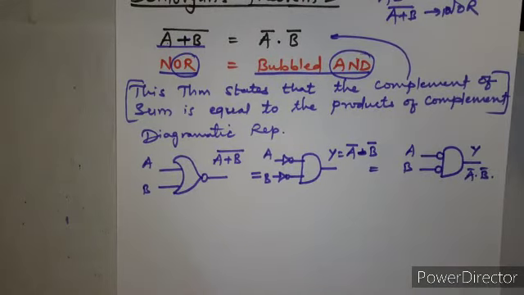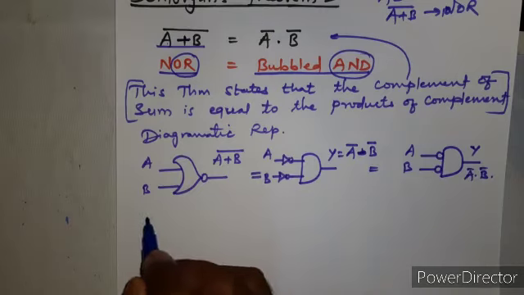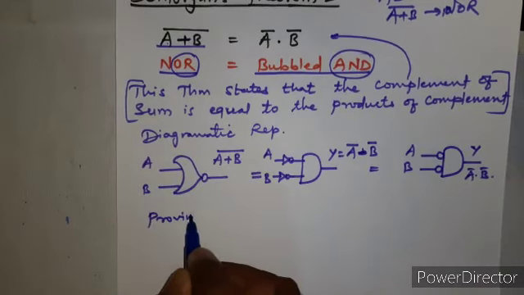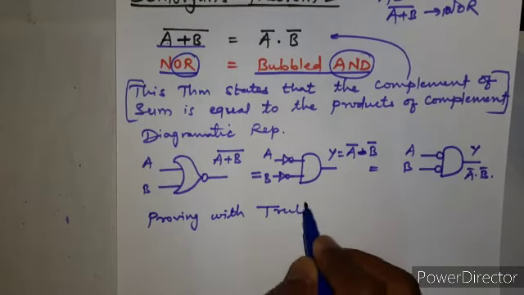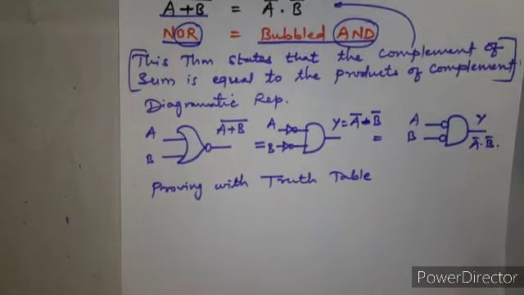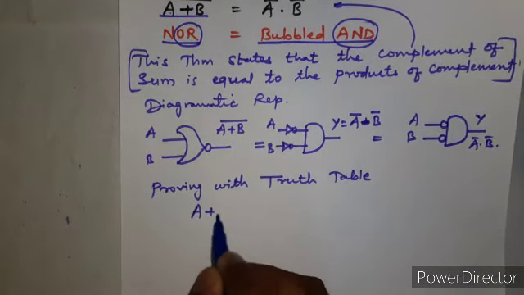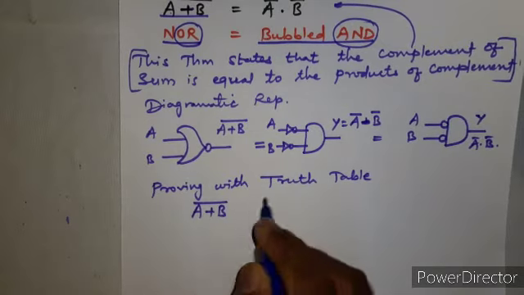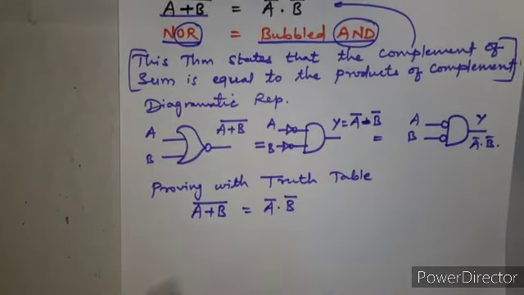Okay, again, if you want to prove it with the help of a truth table, let us now prove it with a truth table. So first have that equation with you. This is A plus B whole bar equal to A bar dot B bar.